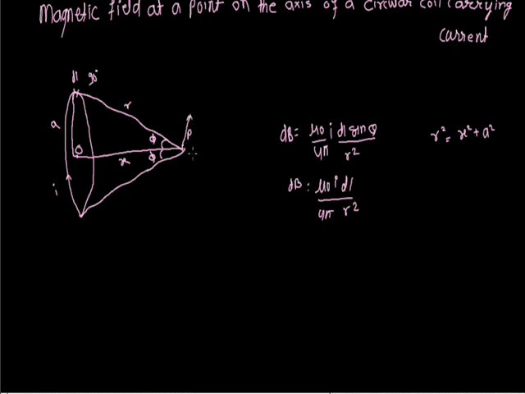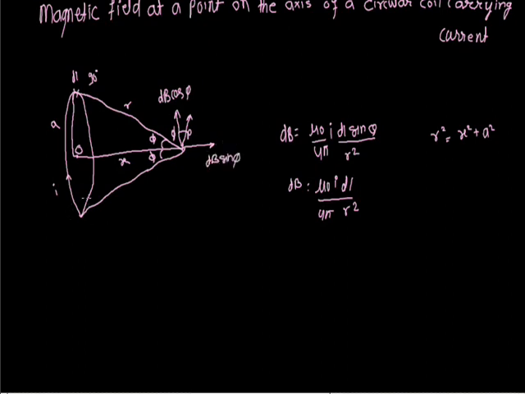If we divide it into two components, a horizontal component and a vertical component, with this angle phi, this component is dB cos phi, and this component is dB sin phi.